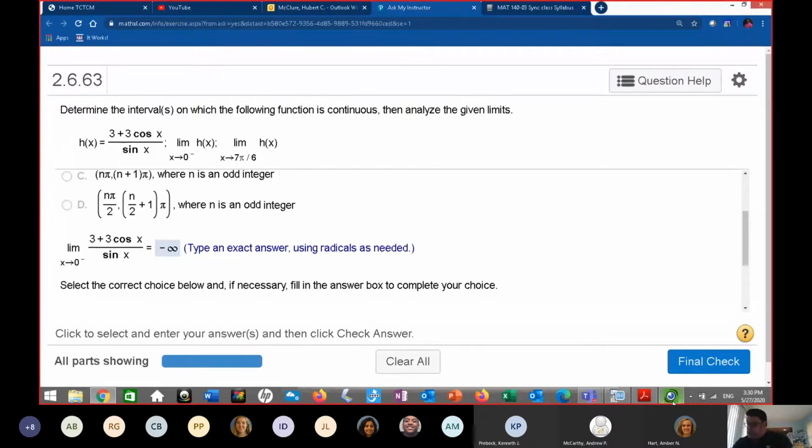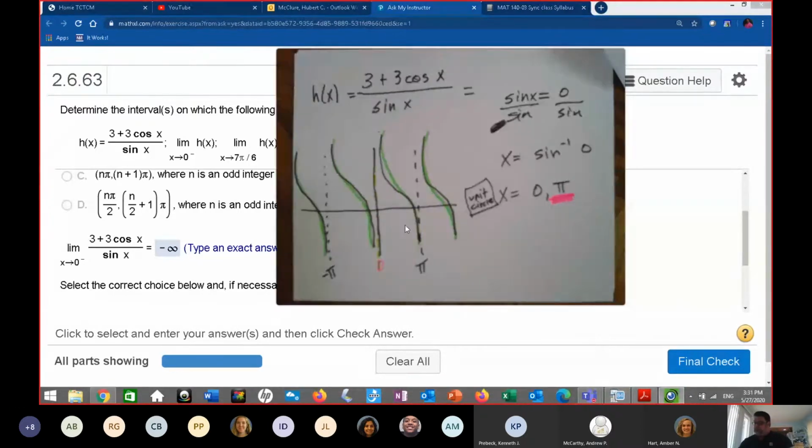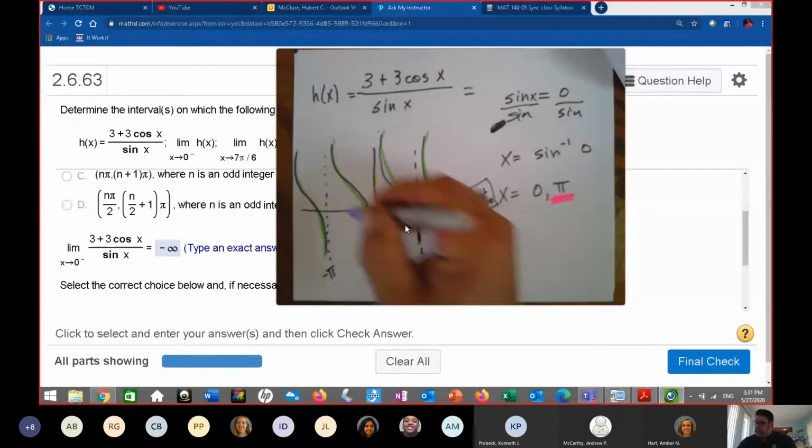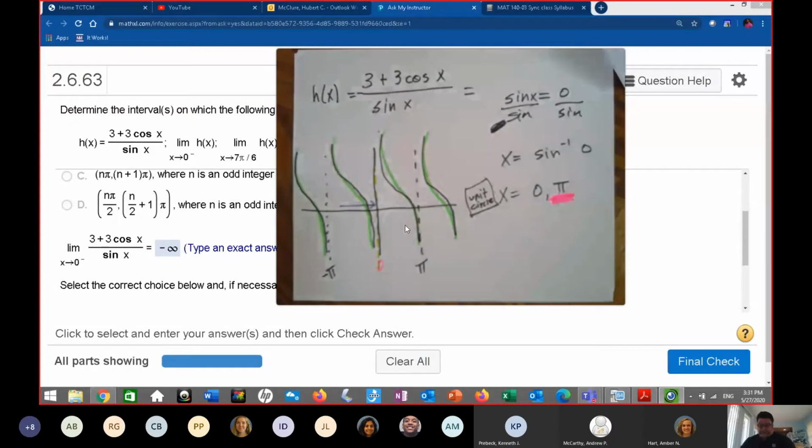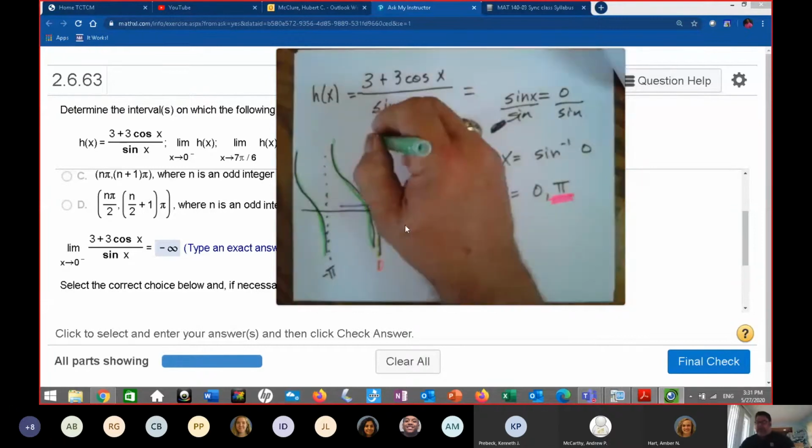As I approach 0 from this direction, and as I approach 0 from this direction, what am I reaching? I'm reaching this what? Vertical what? Asymptote. And a vertical asymptote is represented by infinity.